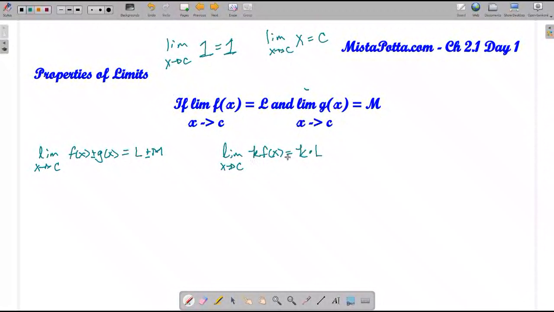So this is kind of like when we adjust the amplitude of a sine function. The idea is that instead of going from -1 to 1, we're going from negative a to a.